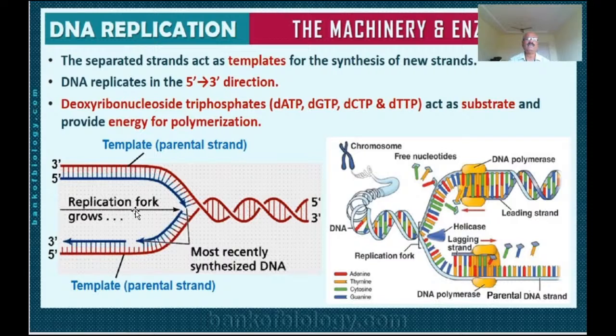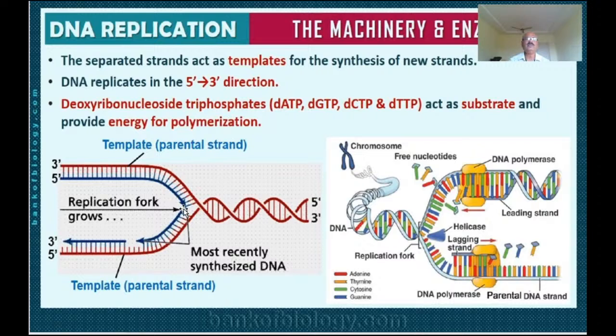Now this strand acts as a template. Opposite to this strand, here 3', opposite one 5'. This is the starting point, so here continuously a new strand will be formed.